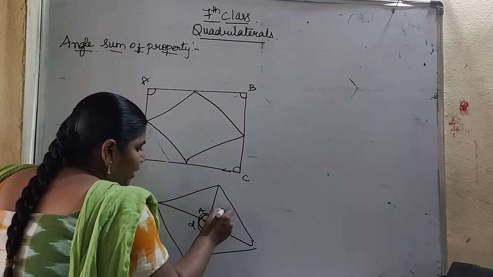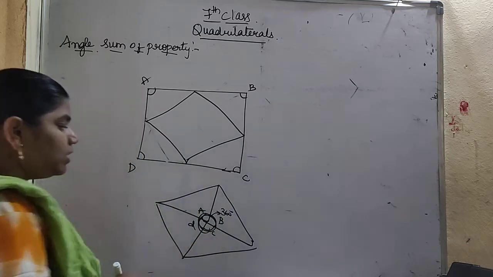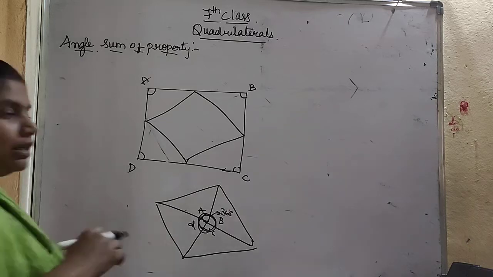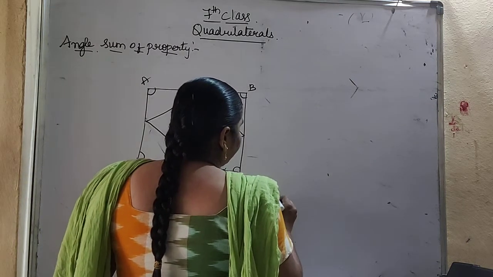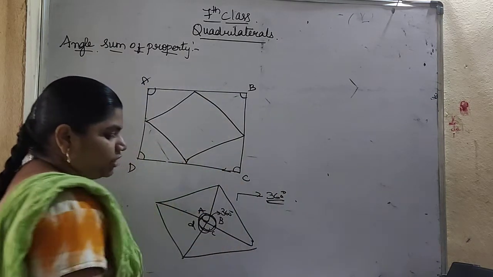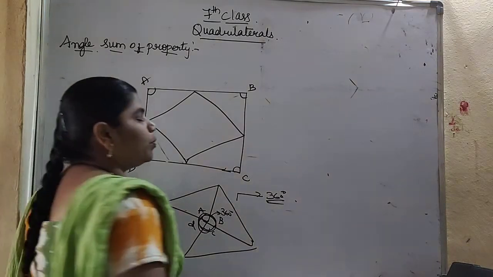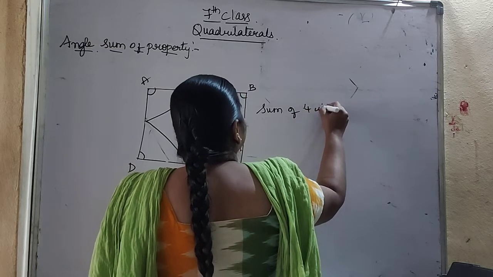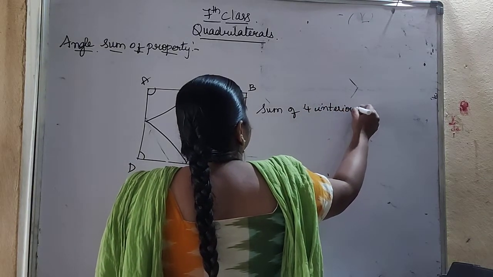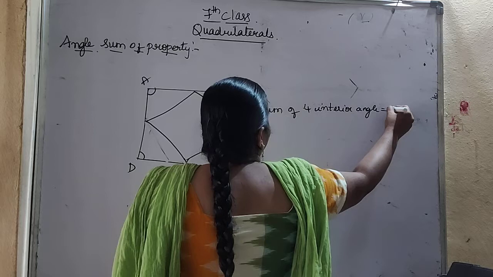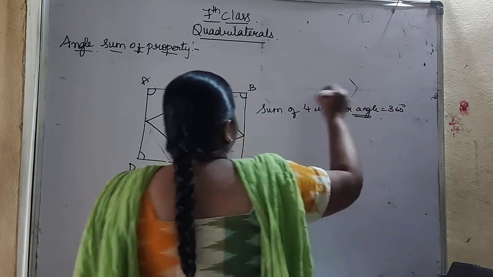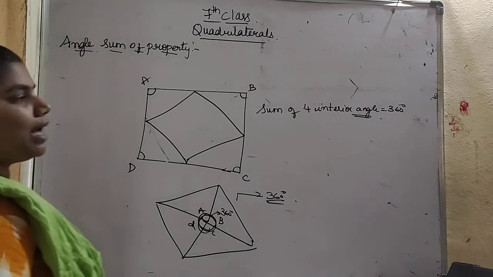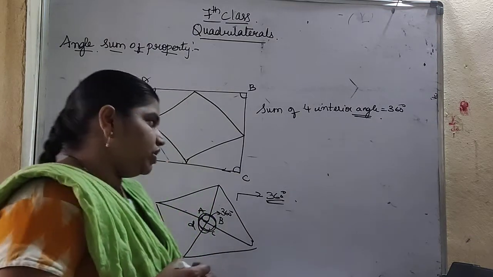A circle is nothing but a rotation of 360 degrees. So whenever you add all the angles in a quadrilateral, that will be equal to 360 degrees. What is the angle sum property here? The sum of the 4 interior angles is equal to 360 degrees.